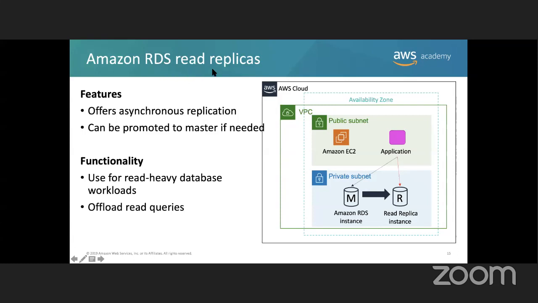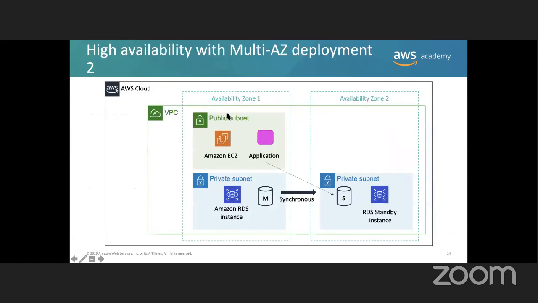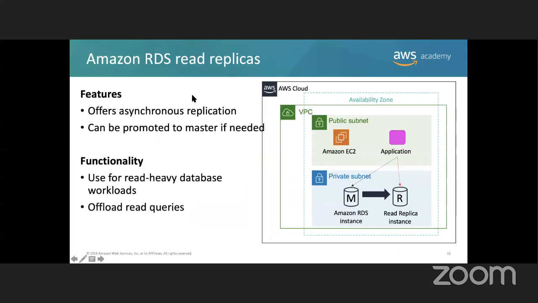So read replicas, that's what we talked about before. Don't forget that multi-AZ is for high availability, and this one is for performance. Let's say your database is under heavy traffic and a lot of read requests. What do you have to do?